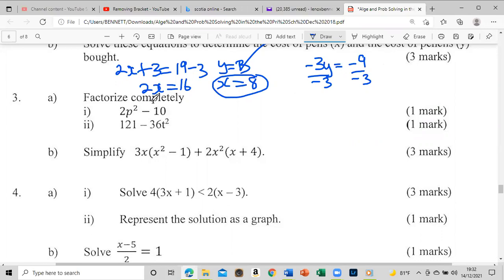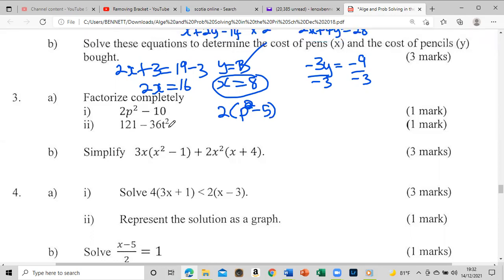So it's factorize completely. Factorize means the highest common factor, right? So we're going to take out the highest number that goes into 2 and 10, which is 2. Of course, there's no P in this, so we don't take out P. And that one is a difference of two squares.